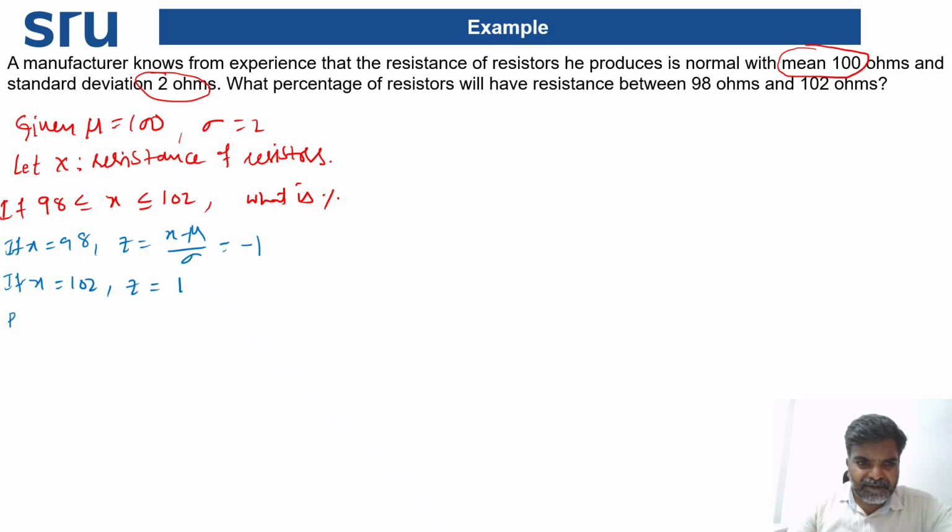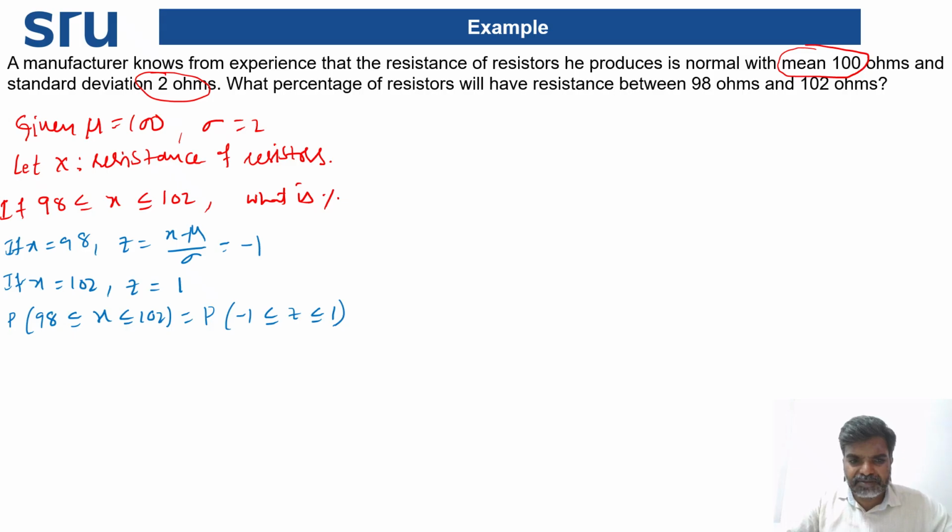We have to calculate the probability of 98 ≤ X ≤ 102. It is equivalent to the probability of -1 ≤ Z ≤ 1. To find this probability, again we use the normal curve and Z table.